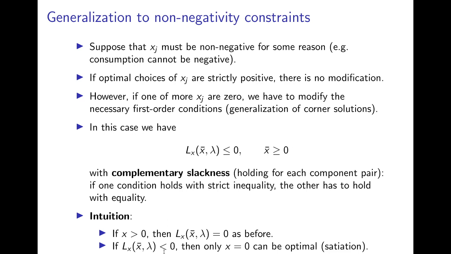And basically the intuition for that is that the choice of zero of a certain good, which would be the case if the derivative of the Lagrangian with respect to this good is negative, then we would actually have a satiation level that we have reached, and we would choose not to consume at all of this particular good. And for the other case, nothing would change as compared to the theorem of Lagrange that we have now.